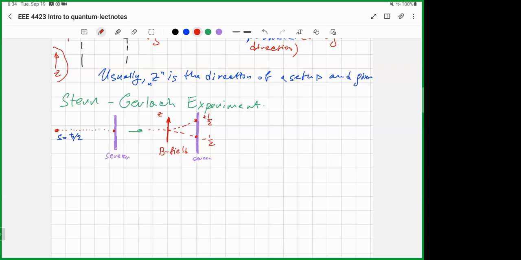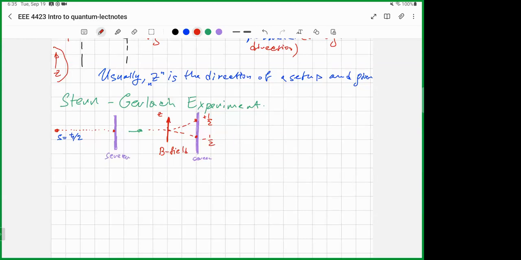And this is superposition. But when each electron gets to the magnetic field, this magnetic field acts as a measuring system.